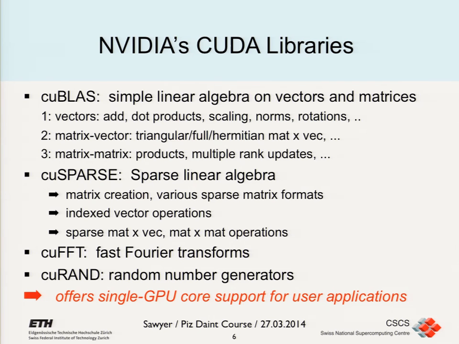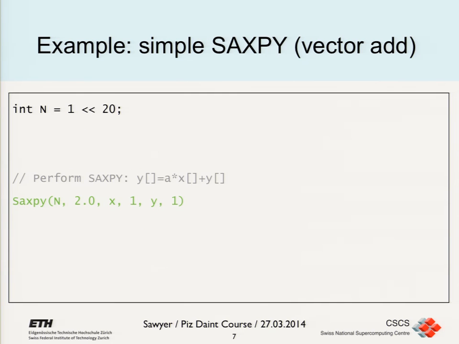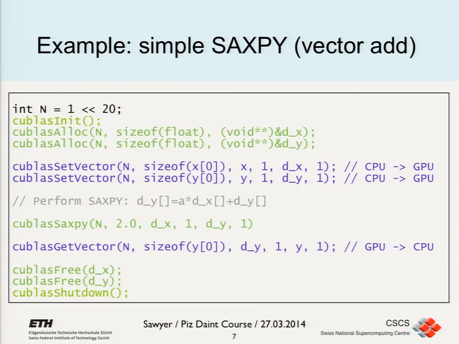Okay, that's the single GPU support we currently have from NVIDIA. Here's a quick example, a SAXPY operation. I take it you all know what a SAXPY operation is: y equals a x plus y. If you want to use cuBLAS, you have to add a few things. There's a corresponding cuBLAS SAXPY operation.